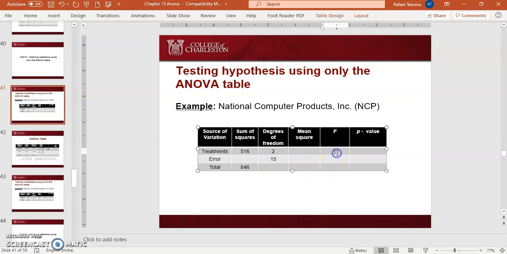Sometimes you have different kinds of problems. Sometimes you have the mean square and some information here and you have to fill out the table. You have to understand the relationship among these numbers in the table to be able to complete it, regardless of the piece of information you get. Okay, that's it for this problem.